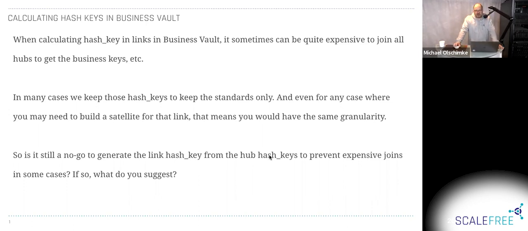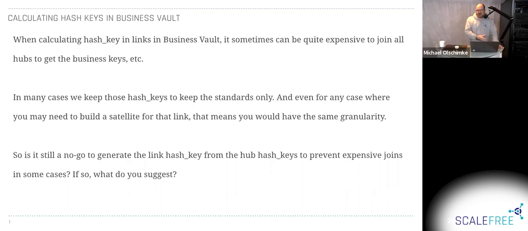Especially in a raw data vault, it's actually cheaper to use the business keys for calculating the hash keys, because to compute a hash key based on hash keys, you have to calculate the hash keys that you want to compute a hash key from first, right? So there's a multiple layer approach, and that takes more time. So in a raw data vault, if you have, let's say, a link with 4 hub references, you have the business keys for those hub references in your staging table.